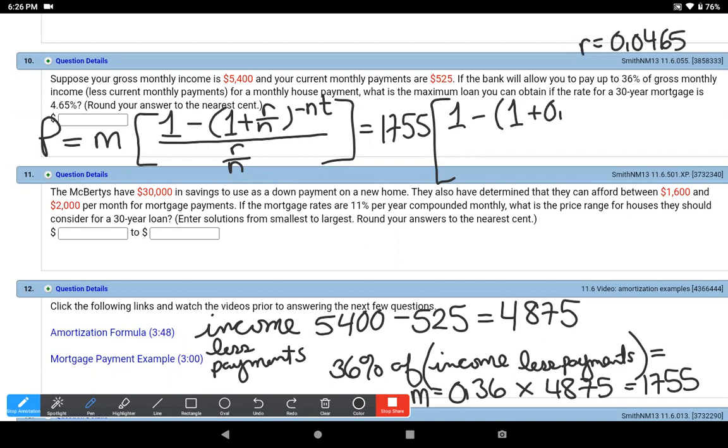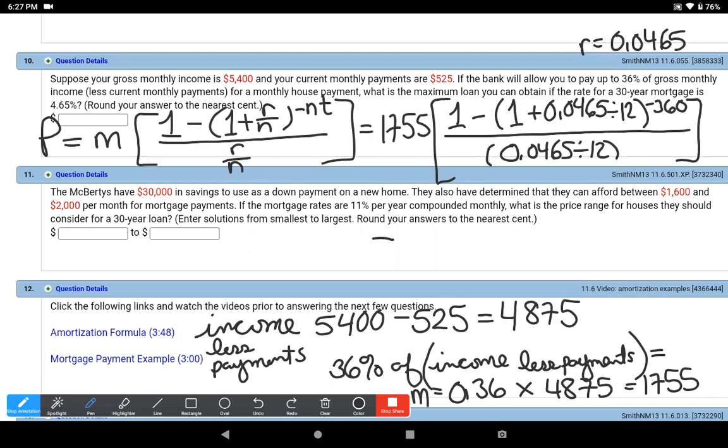I need to recover some of my info here. Divide by 12. Then we're going to raise that to the negative 360, right? Because 12 times 30 is, let me do it in the calculator, just in case that was my mistake. Yeah, that's 360. Okay, and then we're going to divide by 0.0465, which itself is divided by 12. And okay, I'm feeling confident.